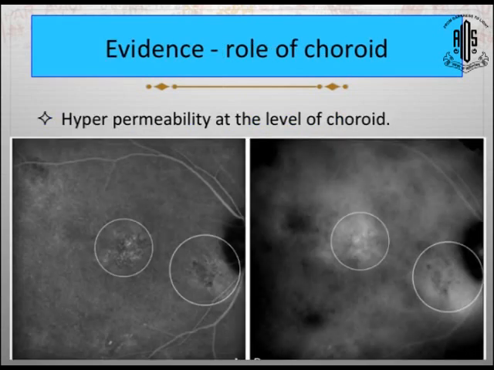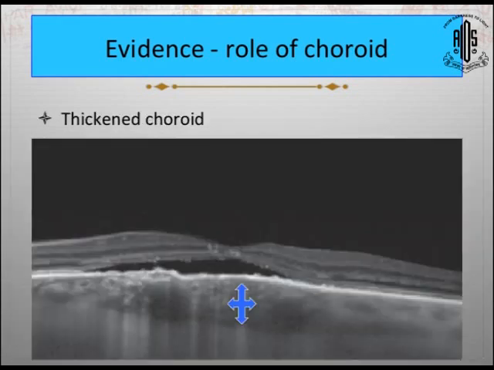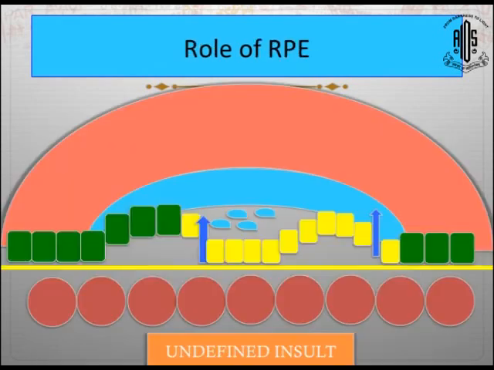So this was an evidence for the choroidal theory, that is hyperpermeability at the level of the choroid. You can see in ICGA there is a clear-cut hyperpermeability of the choroid, with clear-cut leakage seen. Again, evidence for the role of choroid is seen in the SD-OCT pictures, in which we can see the thickened choroid as denoted here.